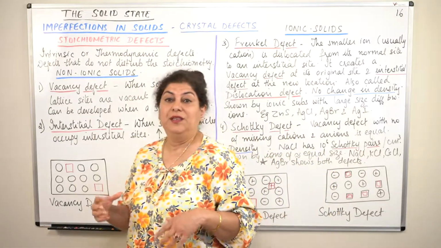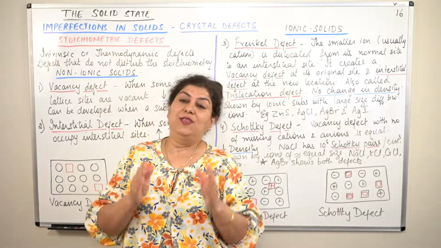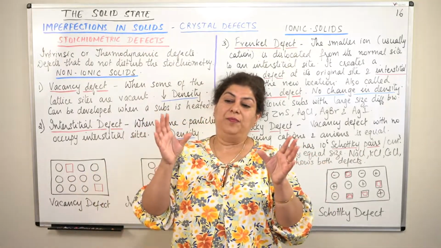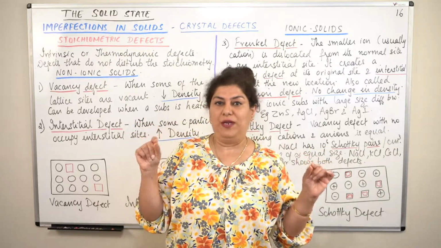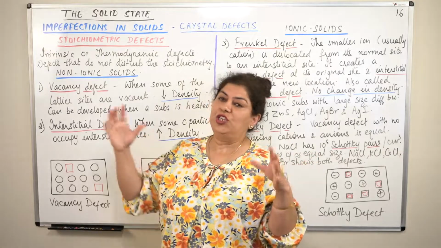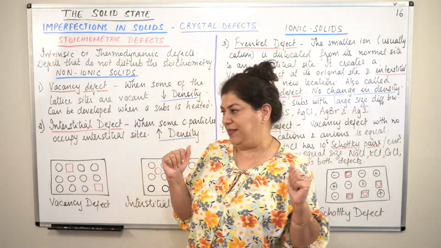If you remember, in the previous video I also told you that stoichiometric defects are of different types, and there are again two types of solids or crystals which show these defects.